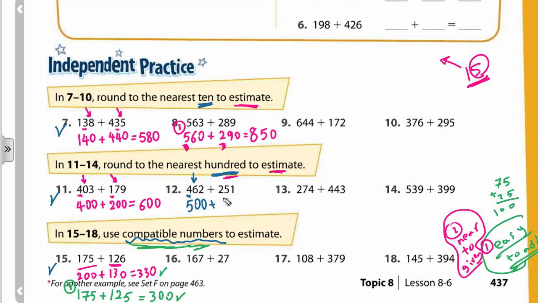And the second number, the 2 is the hundreds, 200. 5 is strong, so the 2 will be 3 and the 5 and 1 will be 0. 500 plus 300 equals 800. Okay, great work.